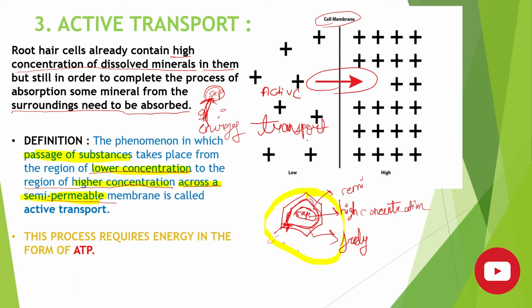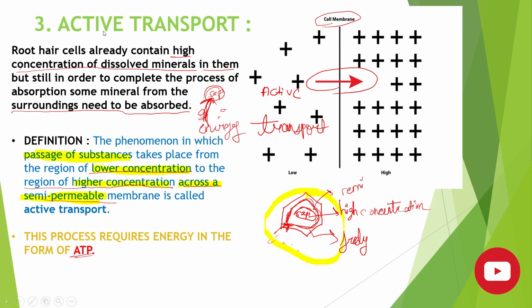You all know ATP. What is ATP? Adenosine triphosphate. For the process of active transport to take place, ATP is very, very important because this is happening against the concentration gradient. This process is happening with a lot more force, a lot of force required. Hence, it requires a lot of energy as well, and the energy is provided by the ATP. So that is about active transport.